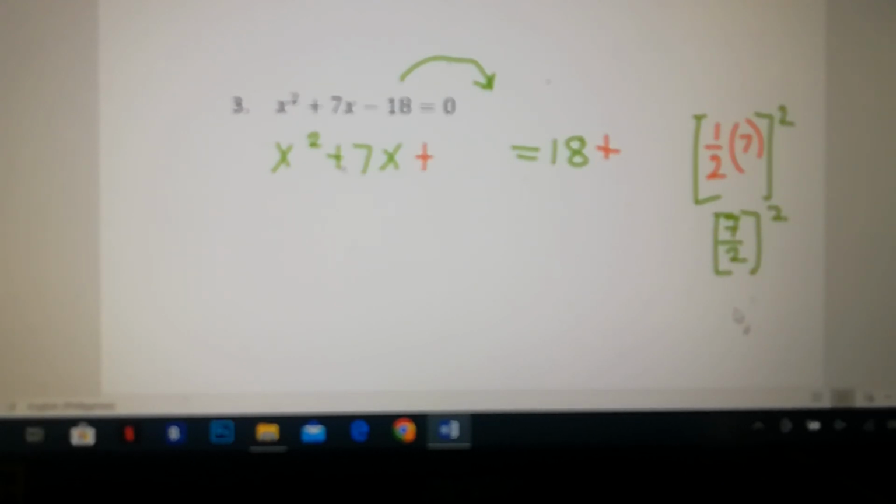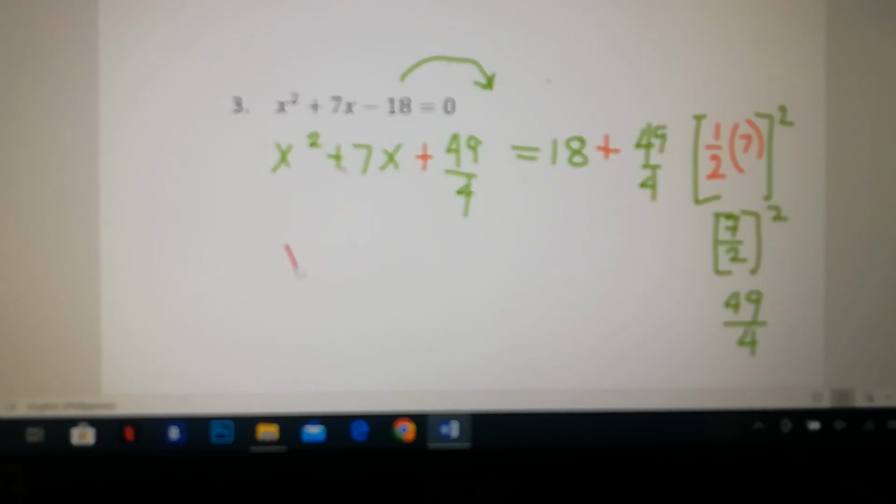So, you square 7 over 2, which is 49 over 4. So, we add both sides of the equation by 49 over 4. Okay, factor now the left side of the equation.